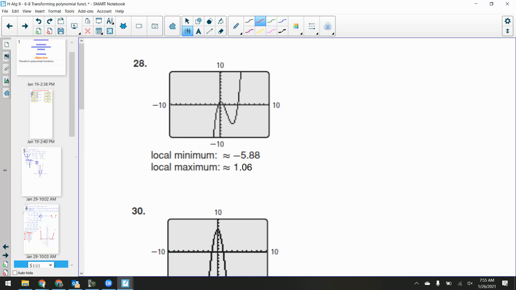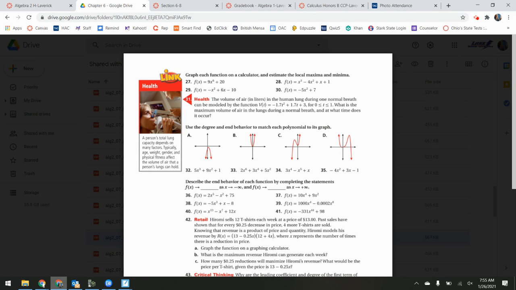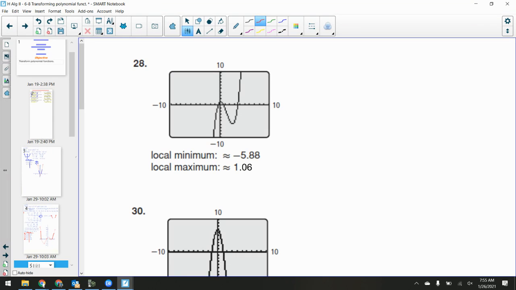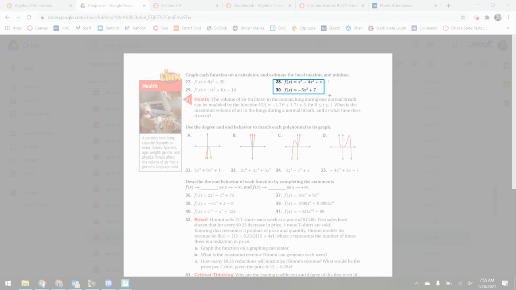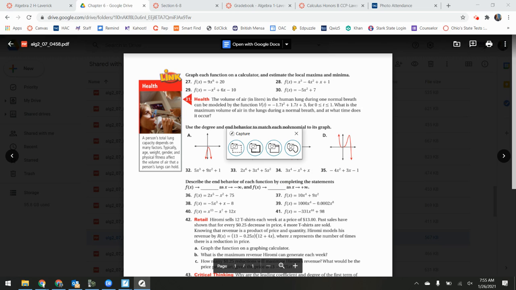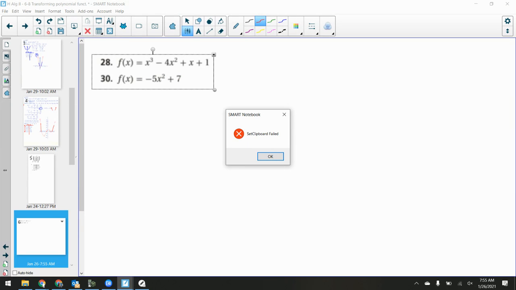I want to do 28 and 30. Okay, let me just snap those over. Oh, I kind of chopped off its head, but that's okay. Perfect. All right. Right there. All right, here we go.